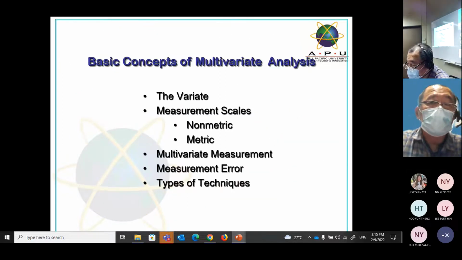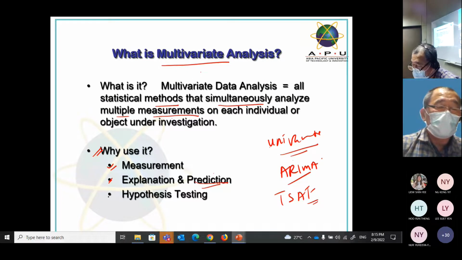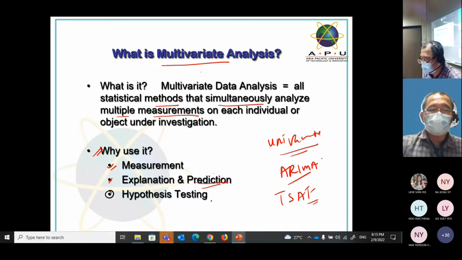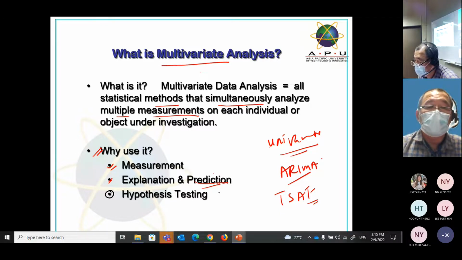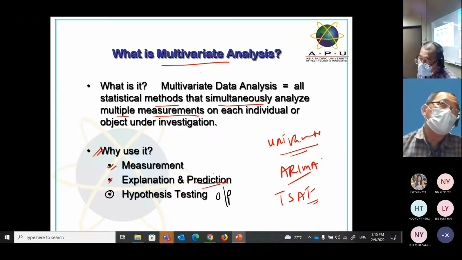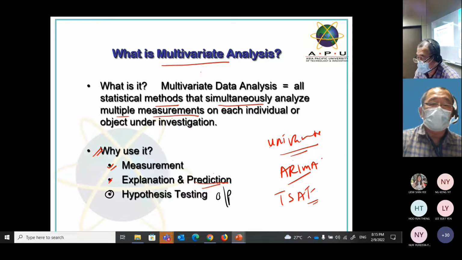Of course, we are also going to see testing of hypothesis, but the good news is that we are not going to do that much calculation. We look at the output and then do some testing of the hypothesis.